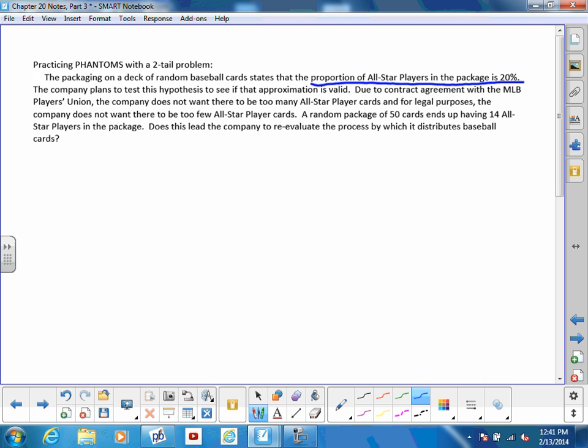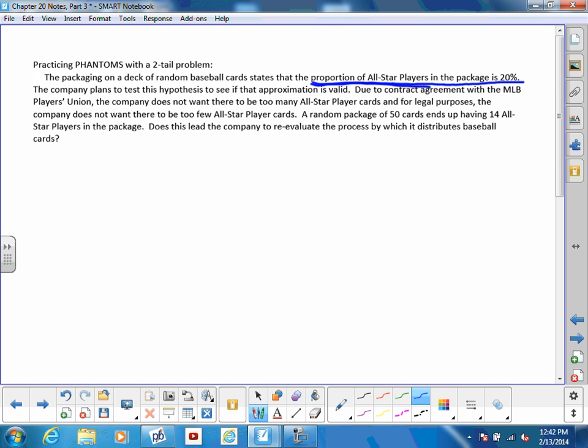I did not mean for this to be 20% of the all-star players are going to be in your package. I meant that 20% of the deck is going to be all-star players. See? This is subtle.